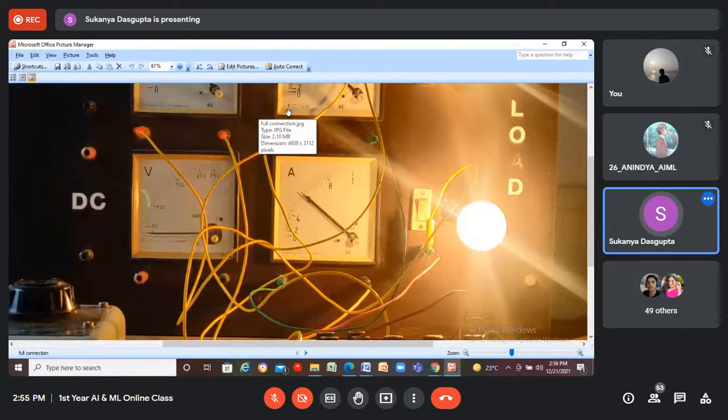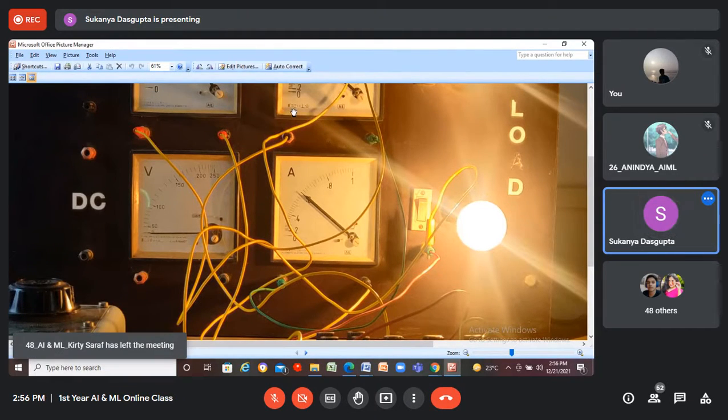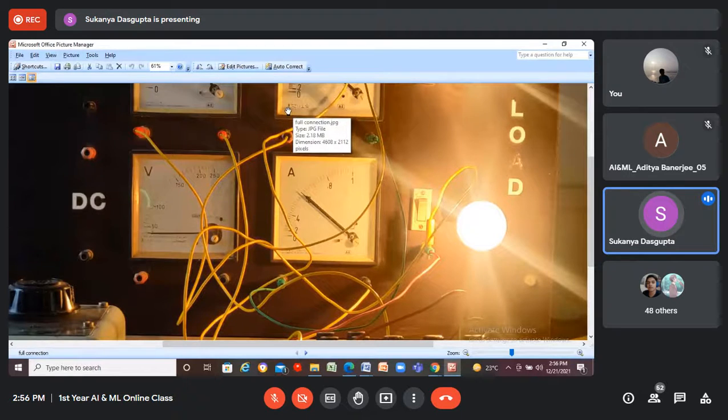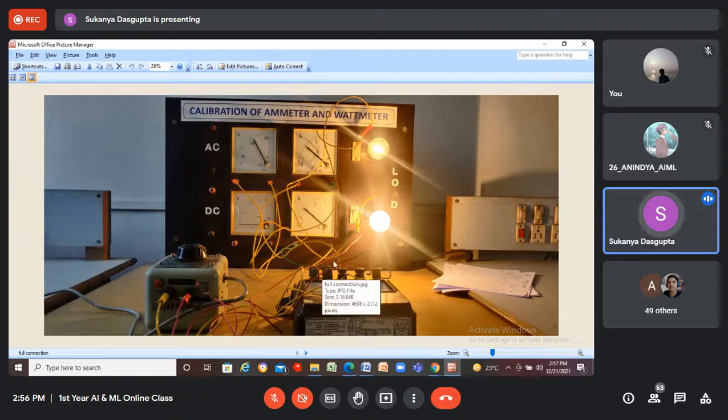Can you see this sinusoidal symbol, and also this symbol like a resistance, the symbol of resistance? Can you see? These symbols are signifying that this is the AC meter, and which is of moving iron type, and this wattmeter is of electrodynamometer type.